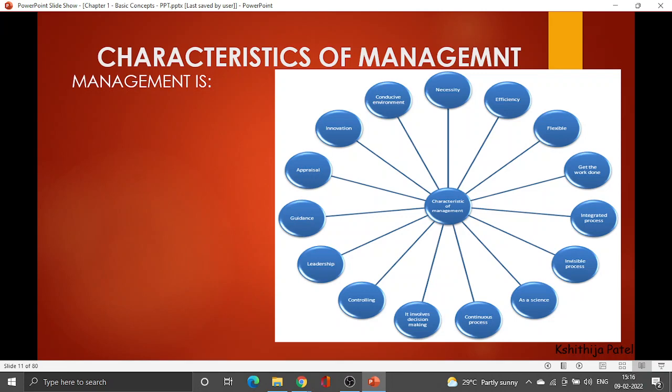The first one being management is nothing but a process, and this process involves a series of continuing activities, and all these activities are related with one another. So first it points out the fact that management is a process and it involves a series of continuous and related activities.